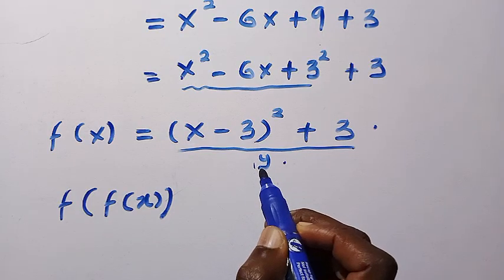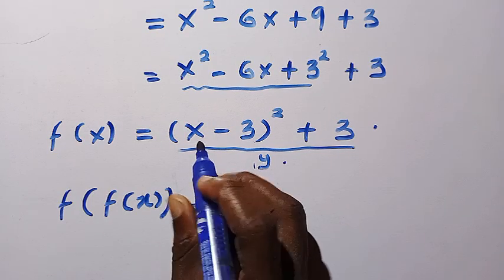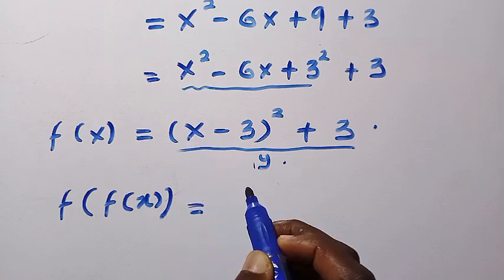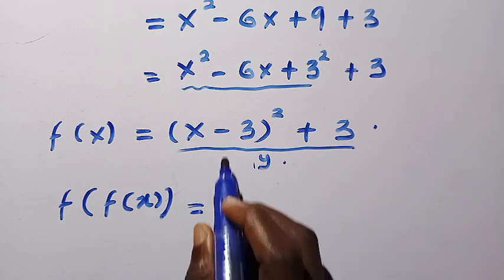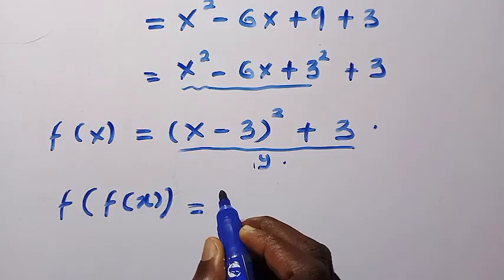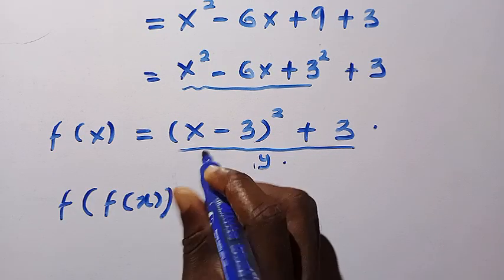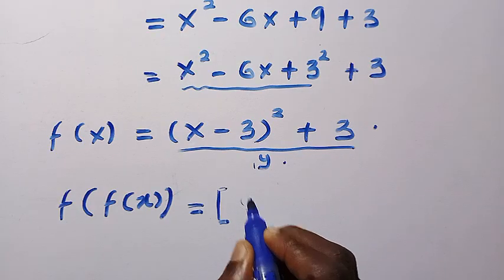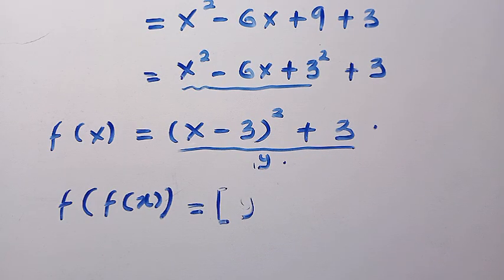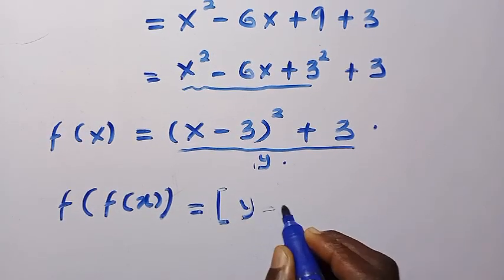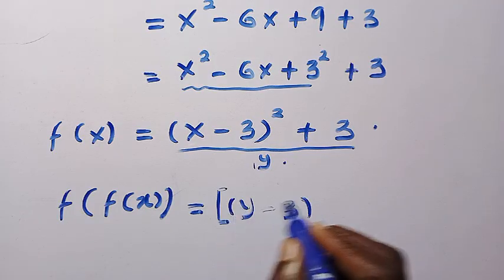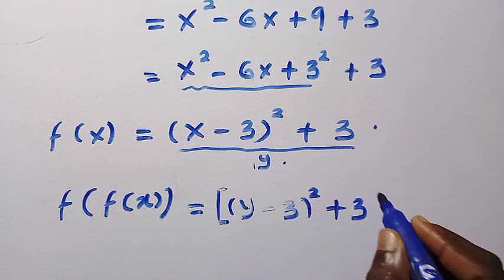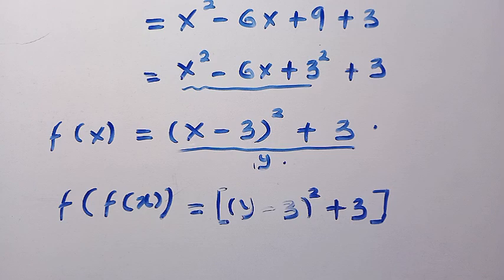Therefore, any place we see x, we will be replacing it with the whole of this. That is, we now have an open bracket, the x here is now everything that we have here, that is y. So if we now have y, we are going to have y minus 3 squared plus 3. So this is what we are going to have.